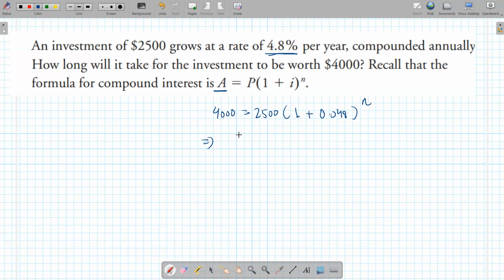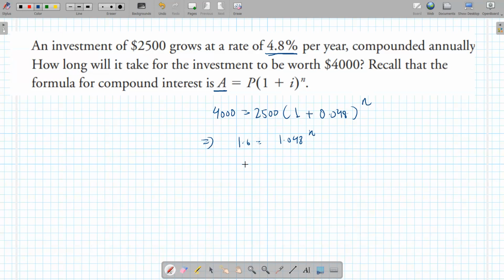So this becomes 4,000 over 2,500. The goal here is to solve for time. So 4,000 divided by 2,500 is 1.6 equals 1.048 to the power of n. What do we do now? You do log.